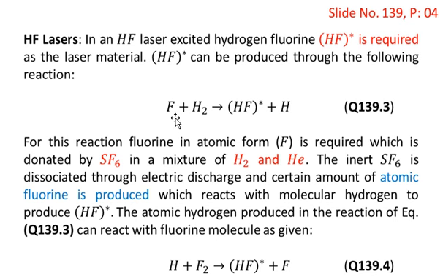We have fluorine in atomic form combined with the hydrogen molecule to produce the HF molecule in the excited form plus atomic hydrogen, as shown in equation number 3.